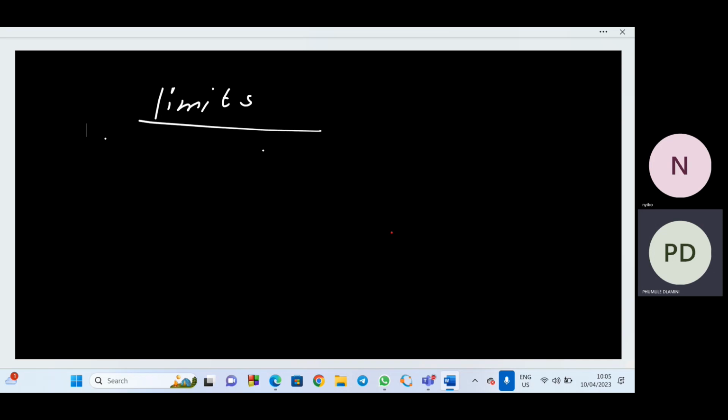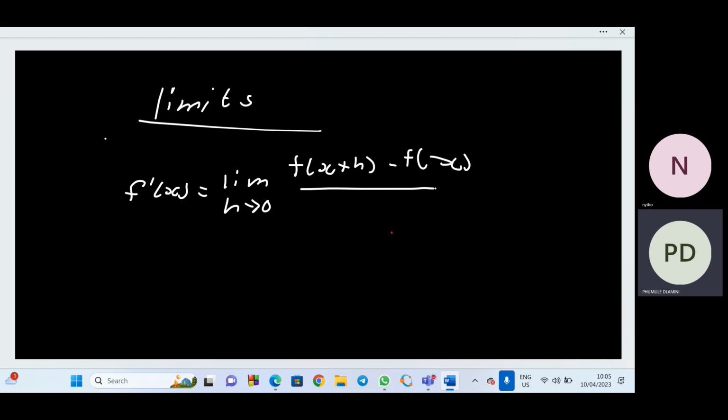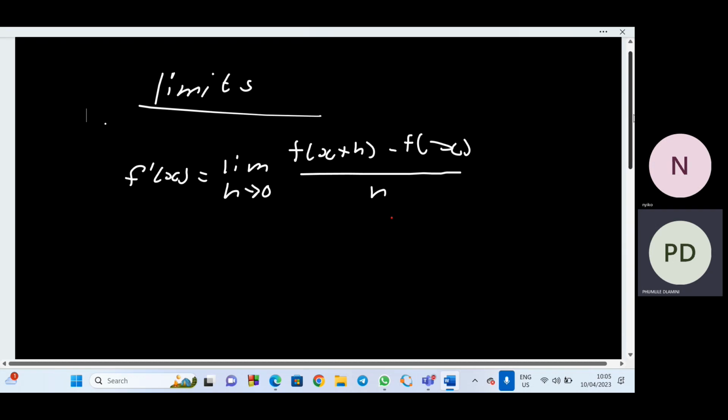Before, in high school, you were used to doing f prime of x is equal to the limit as h approaches 0 of f of x plus h minus f of x, divided by h. This one was a first principle.